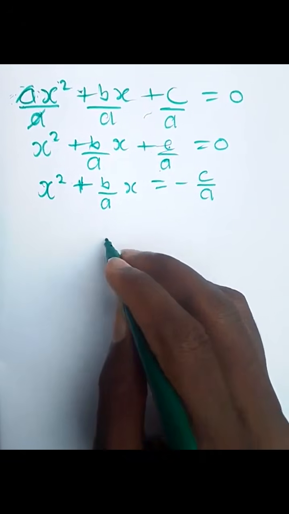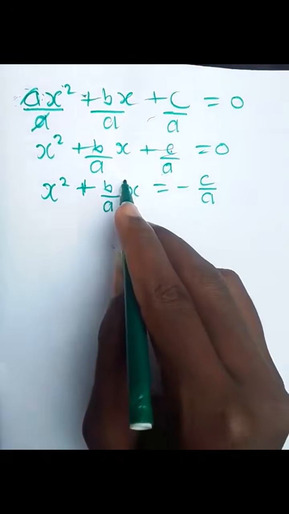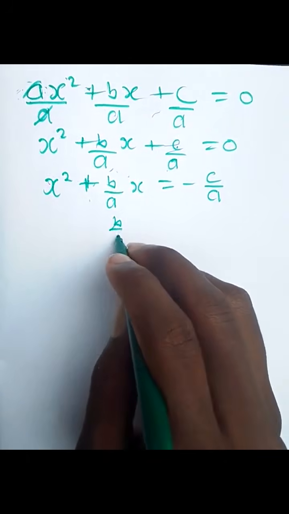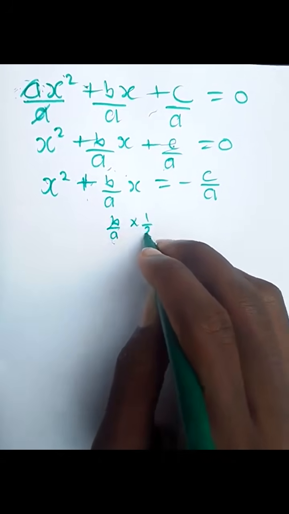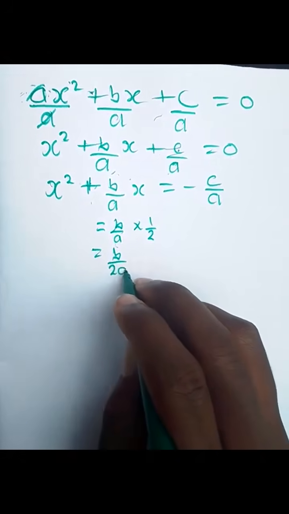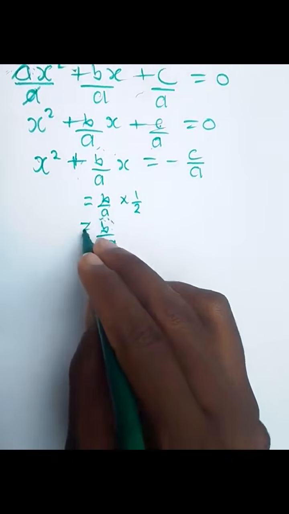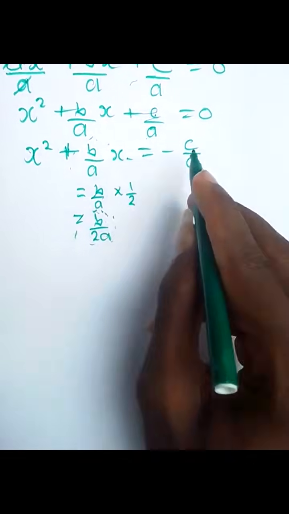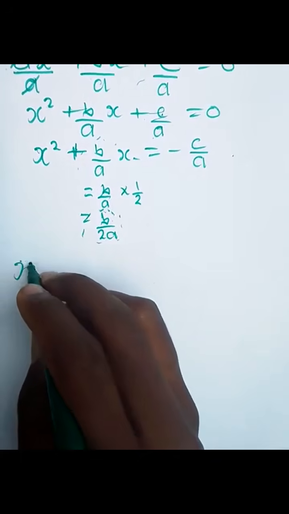So now, this is why we are going to get what's coming in front of x, which is b over a multiplied by 1 over 2, which is going to be b over 2a. Right? So I'm going to raise this to the power of 2, then add it on this side and this side. So first let me write what I'm initially having.